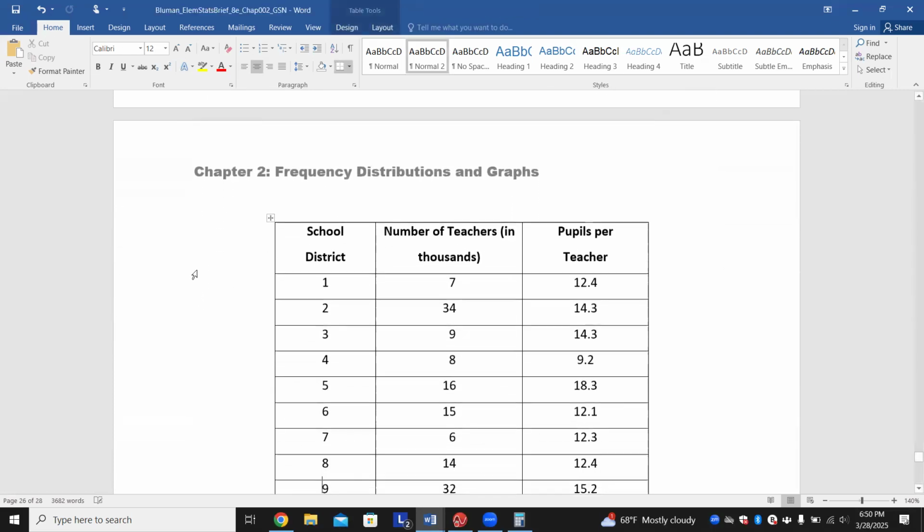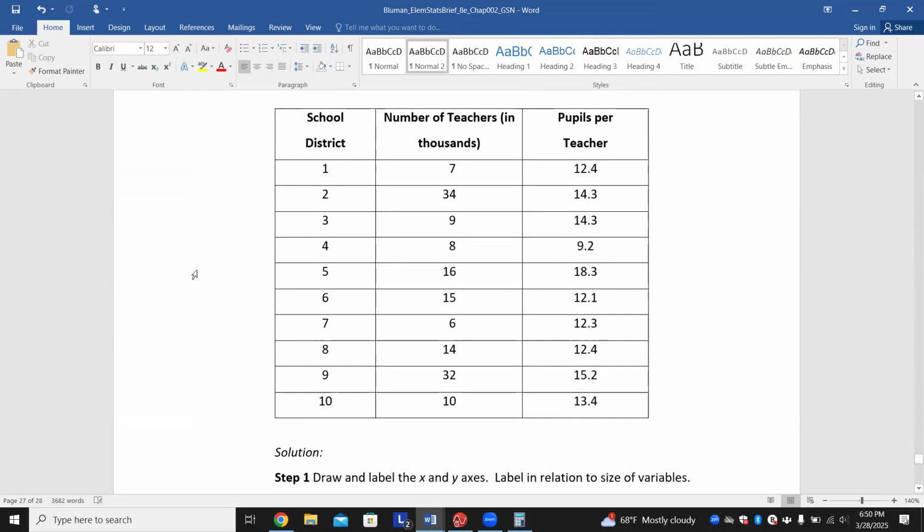So we can see in school district 1, the number of teachers in the thousands, so that's 7,000 teachers, each teacher had about 12.4 students. Another district had about 34,000, and they had 14.3 students. One was 9,000, had about 14.3 students. One was 8,000, had about 9.2 students.